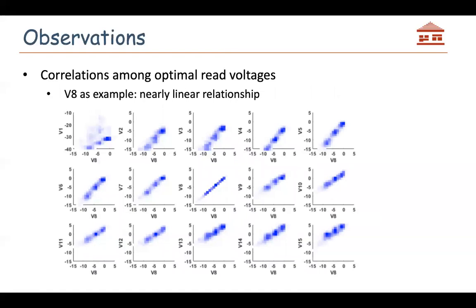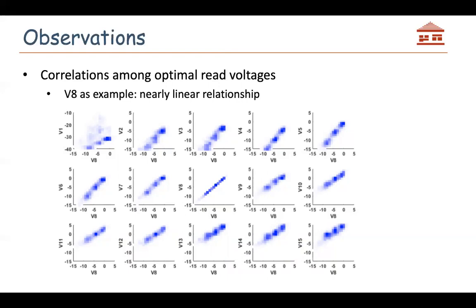We then study the correlations among the values of optimal read voltages. V8, the read voltage to differentiate the 7th and the 8th program states of QLC, is used as the example to show the relationship. As the figure shows, the optimal value of every read voltage shows a linear relationship with the optimal value of V8.